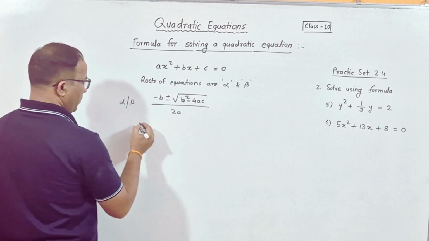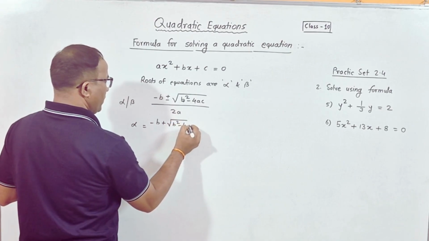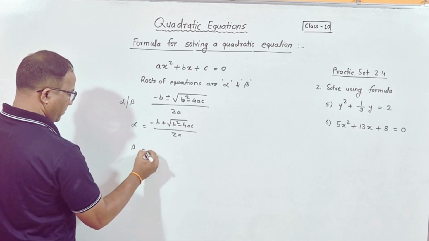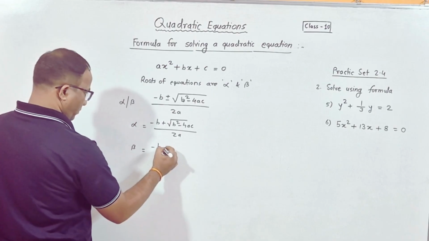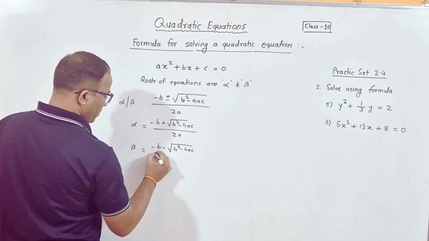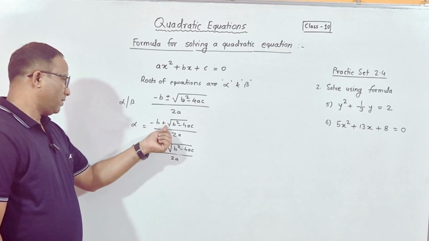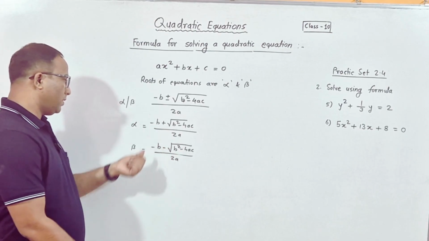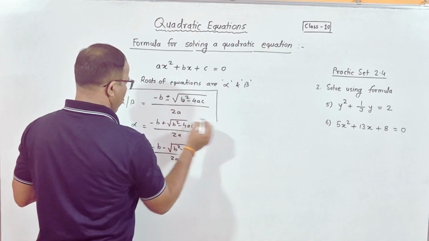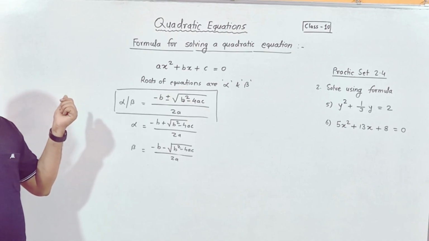We can say that the formula for alpha is minus b plus under root b square minus 4ac upon 2a, and the formula for beta will be minus b minus under root b square minus 4ac upon 2a. Here in these two formulas there is only a single difference: the sign after minus b is different in the values of alpha and beta.